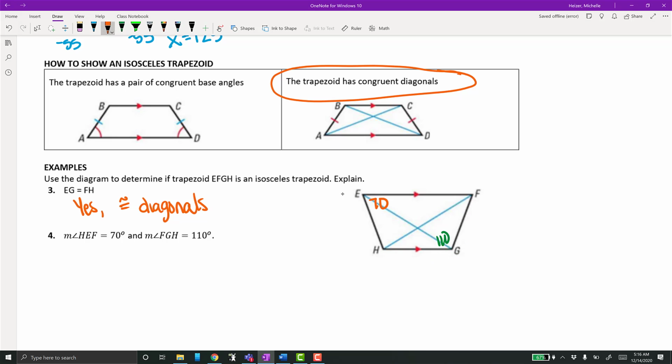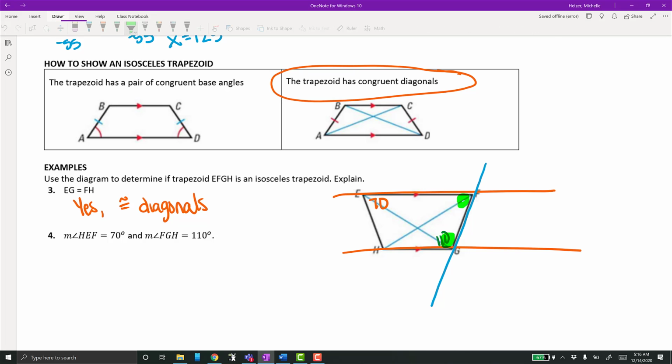Okay. So if I draw out our parallel lines here, and I draw the transversal, angle F and angle G are always going to be consecutive angles, so they will always be supplementary. So angle F plus angle G is always going to equal 180.